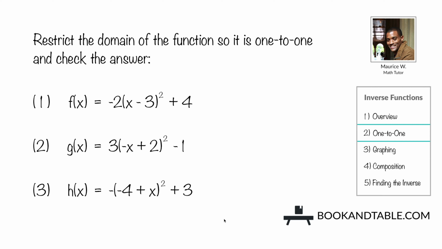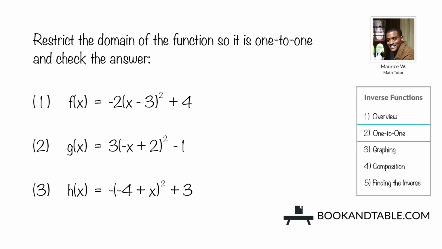Restrict the domain of the function so it is 1 to 1 and check the answer. Question number 1. f of x is equal to negative 2 times (x minus 3) squared plus 4. Question number 2. g of x is equal to 3 times (negative x plus 2) squared minus 1.